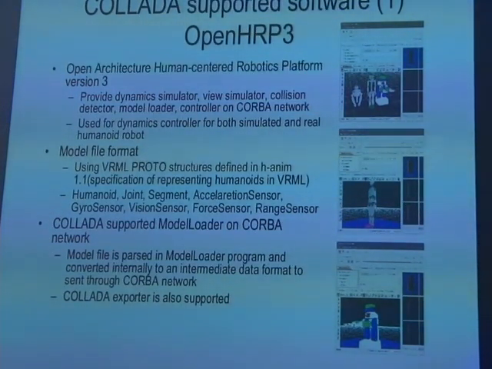Of course OpenHRP3 has its own file format based on VRML, and we made a converter to export a COLLADA file from the OpenHRP3 robot model. We also added the feature to load the COLLADA model into OpenHRP3.